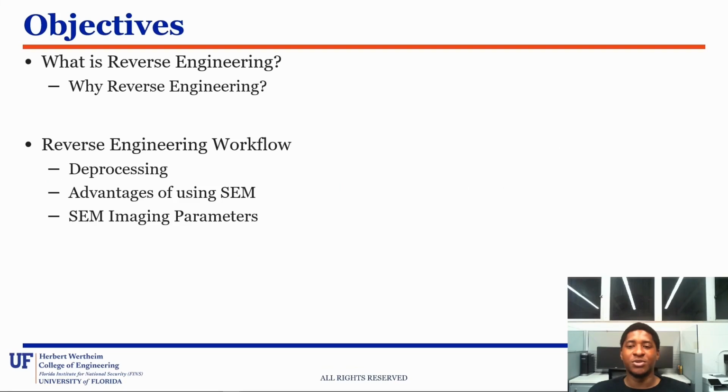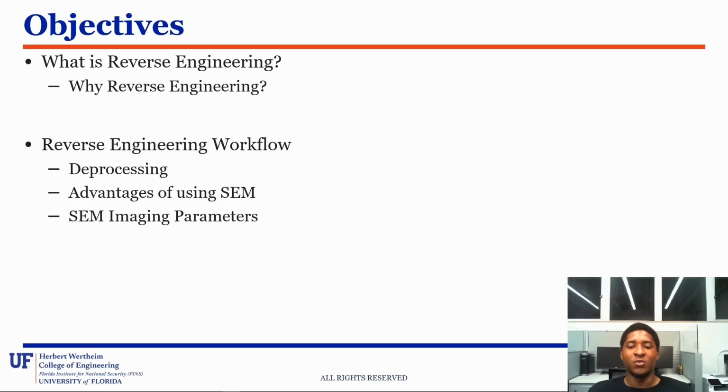In this module, we will explore the various steps of reverse engineering, paying attention to the important processes like deprocessing, which helps break down complex layers for better understanding. We'll also talk about why SEM is helpful in these procedures, highlighting its benefits.